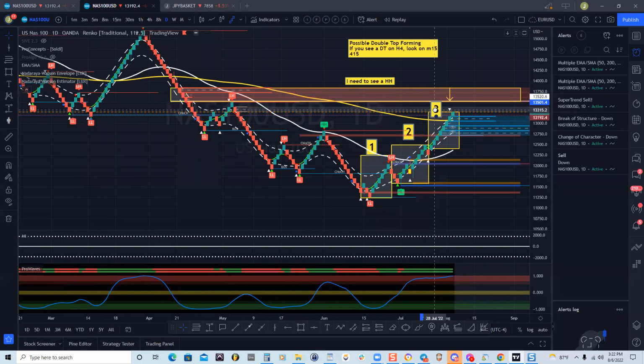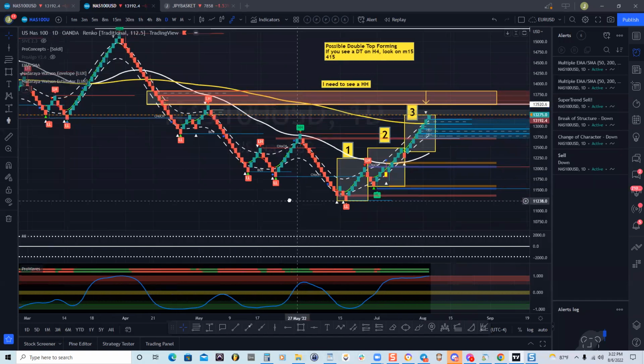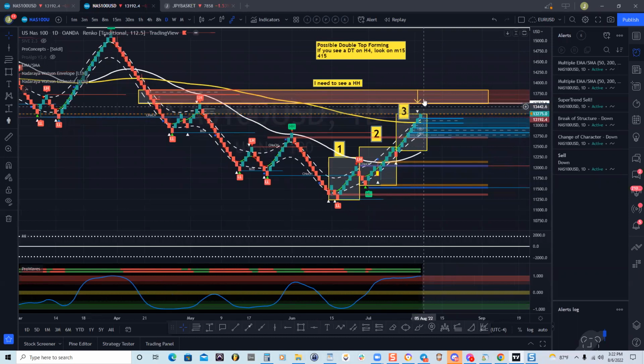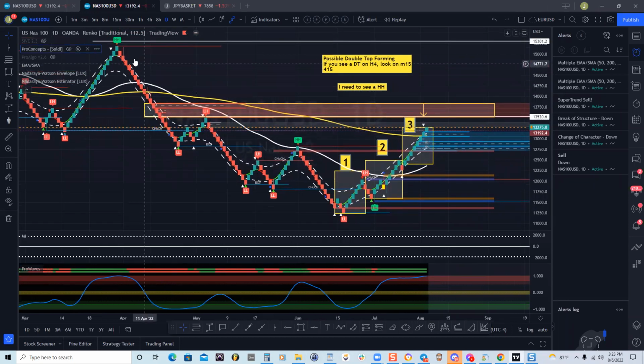So we need to see price come up in here and dance around, and then shoot back down. So with that, you can still take buys. You're still buying the market until you see a high print and that red candle, red arrow on the break, right? Once you get that, then you got that.